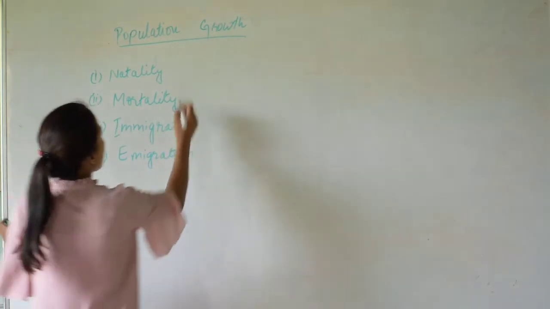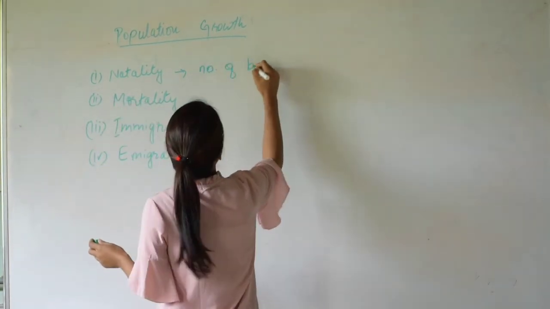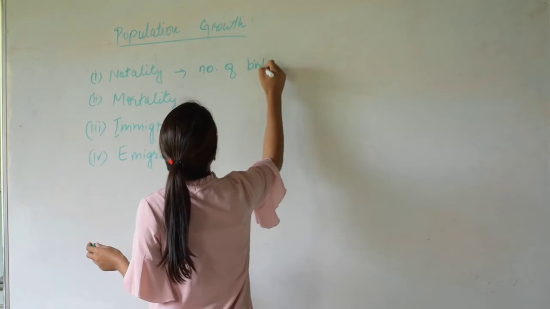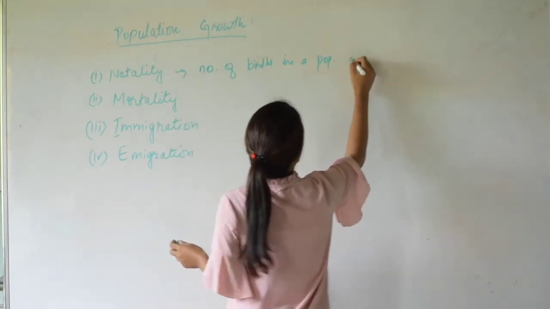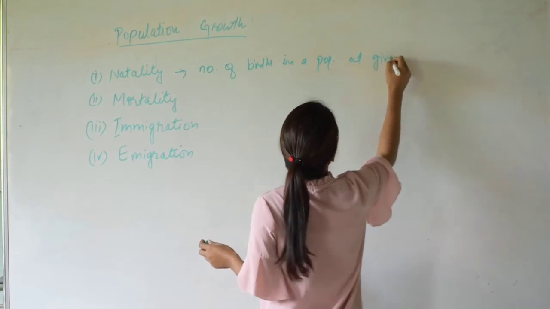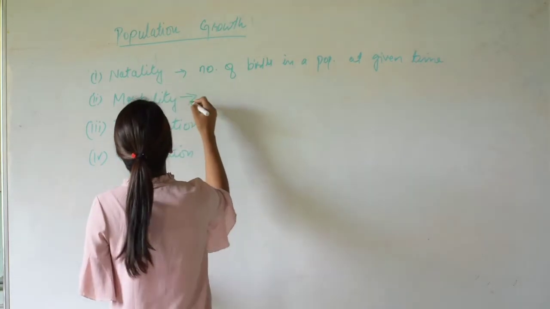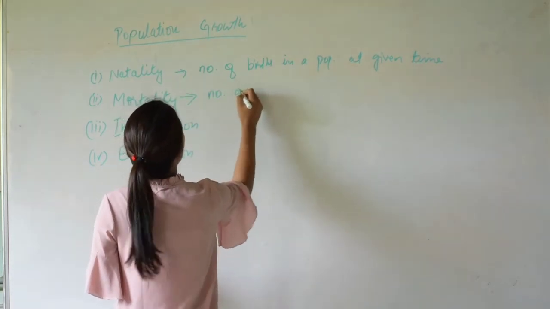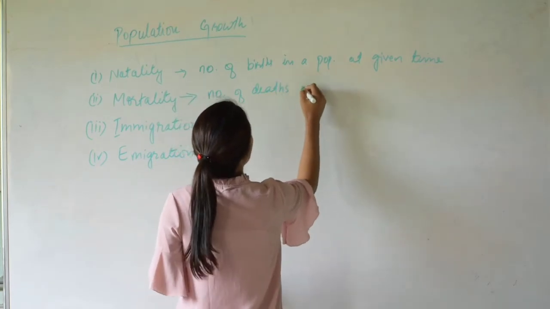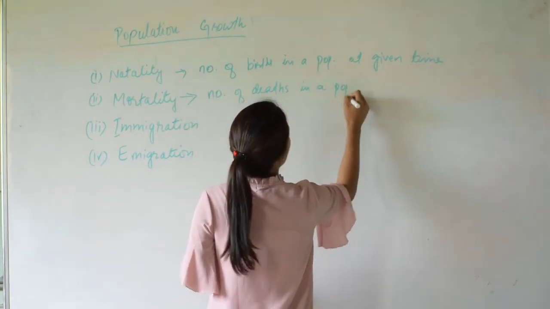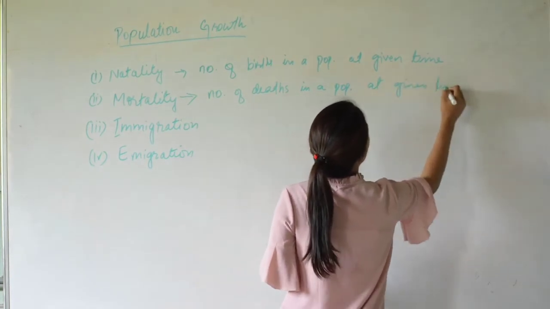So natality means number of births in a population at a given time. And mortality means number of deaths in a population at a given time.